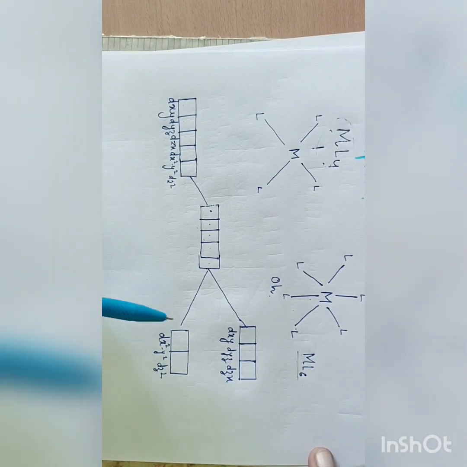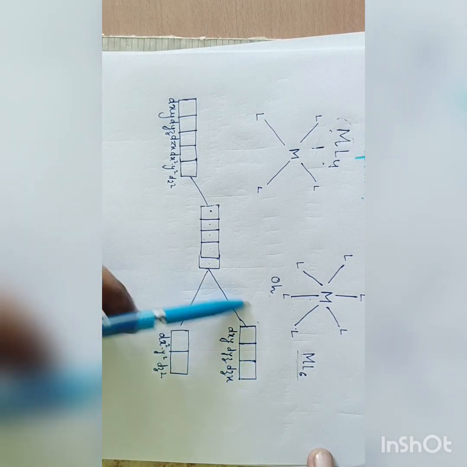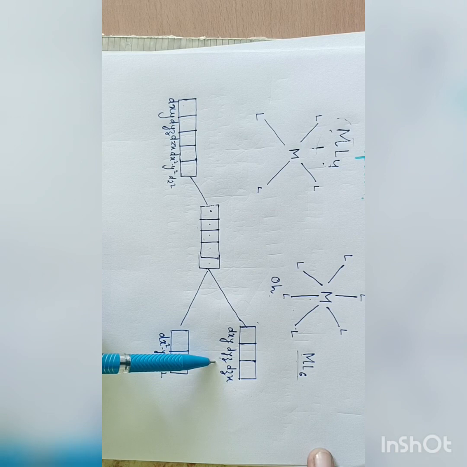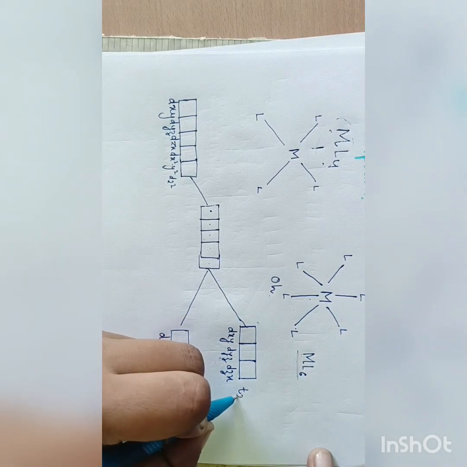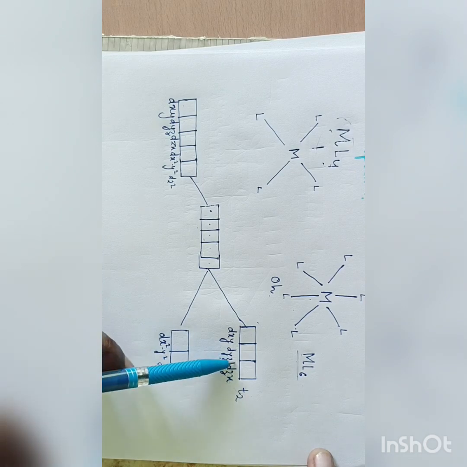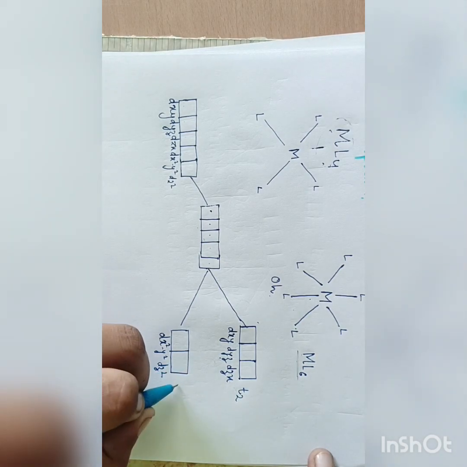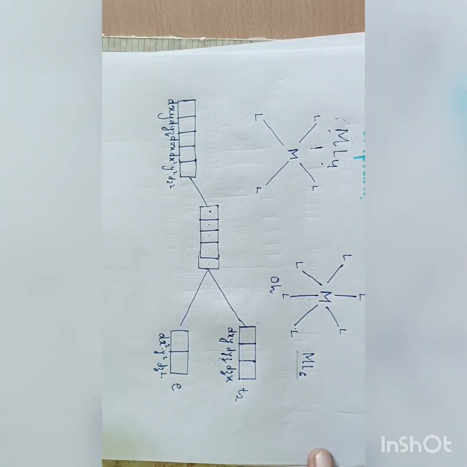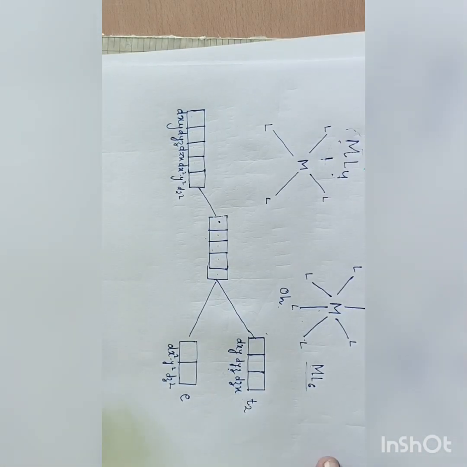In the octahedral complexes, we have written it as T2g orbital. But for the tetrahedral, we have to write here T2. We do not have to write G. Simply, we will write here T2. And this is E. So this is the representation for tetrahedral complexes.